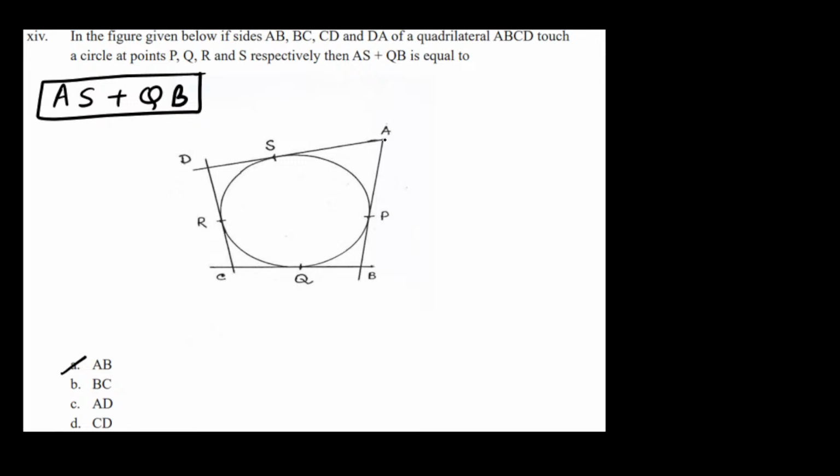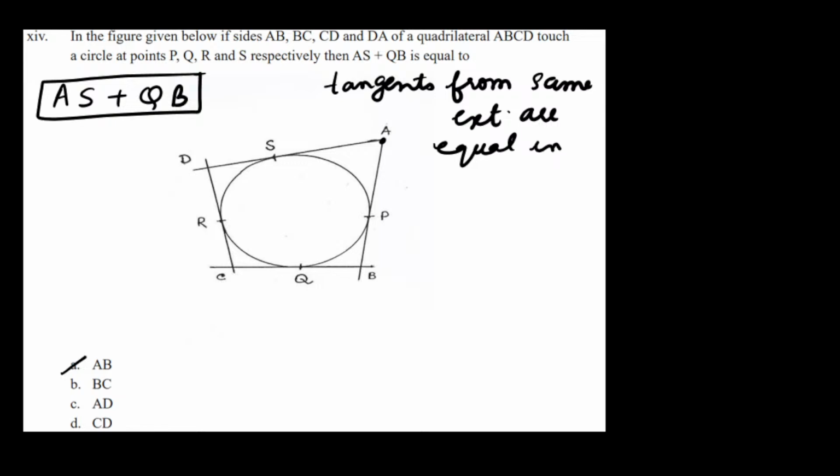See, we know tangents from the same point. If you just see this part, AS is a tangent from exterior point A, and AP is also a tangent from exterior point A. So we have done this property: tangents from a common exterior point are equal in length.